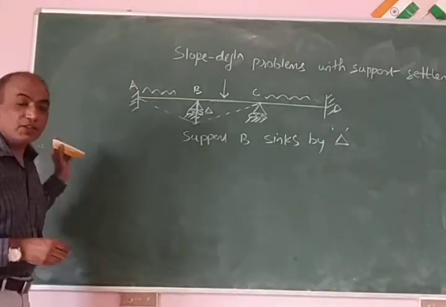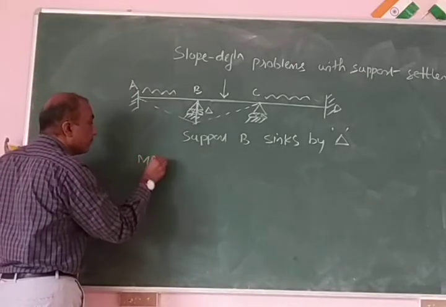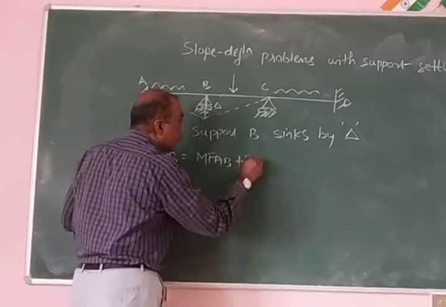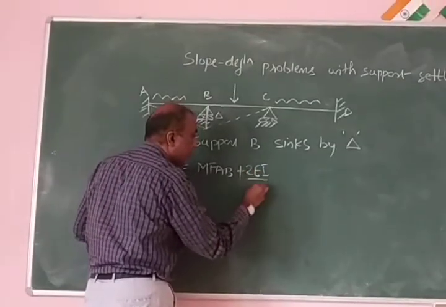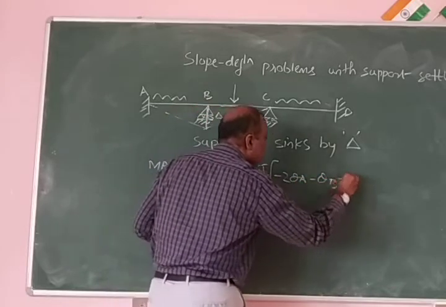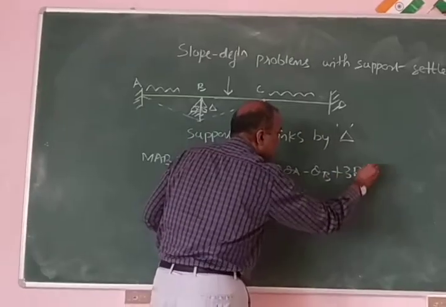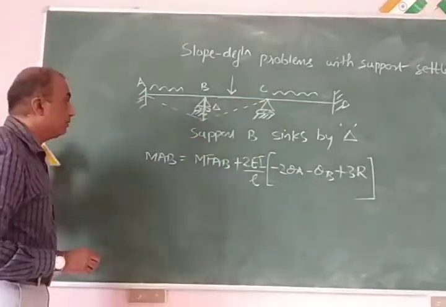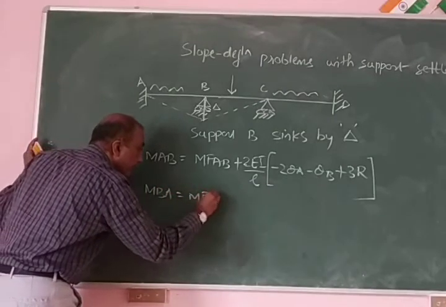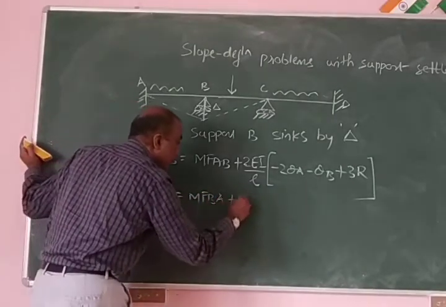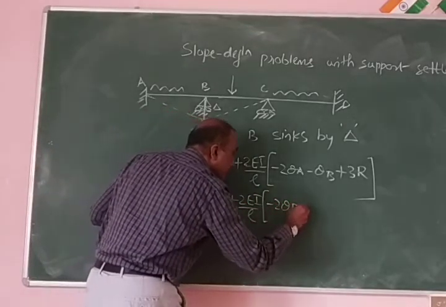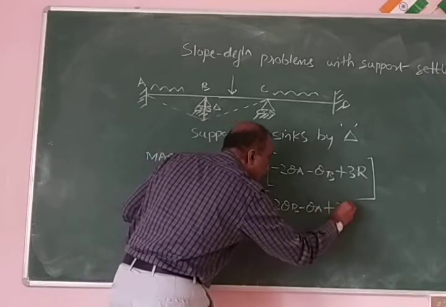So the slope deflection equations will become like this: MAB is equal to MFAB plus 2EI divided by L of (2 theta A plus theta B minus 3R). This is the equation for MAB. MBA will be equal to MFBA plus 2EI upon L (2 theta B plus theta A minus 3R).